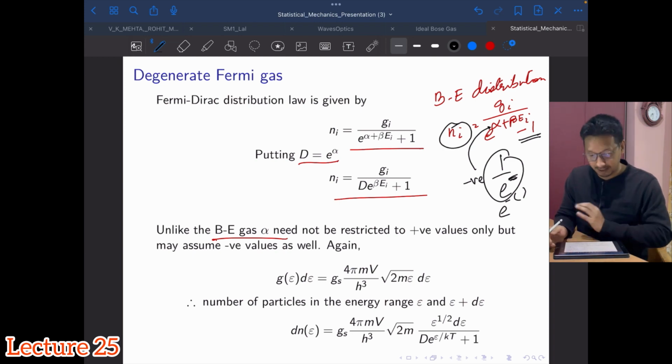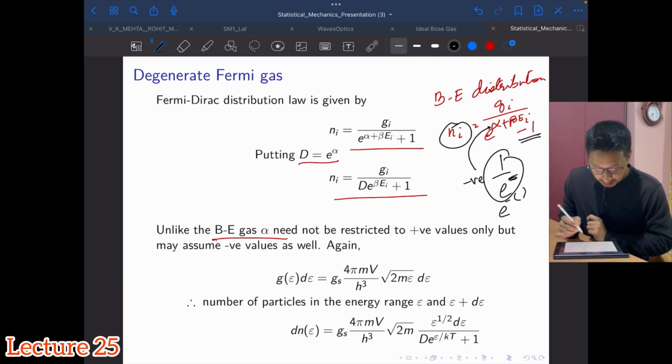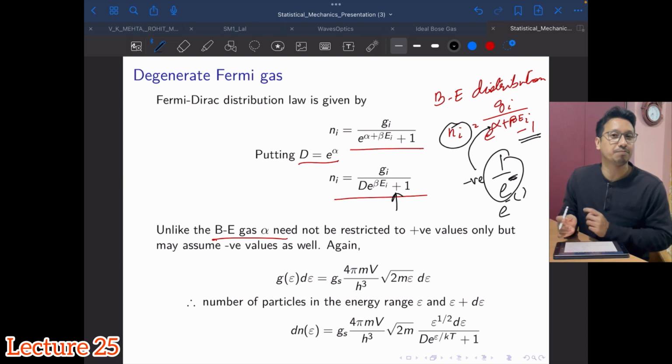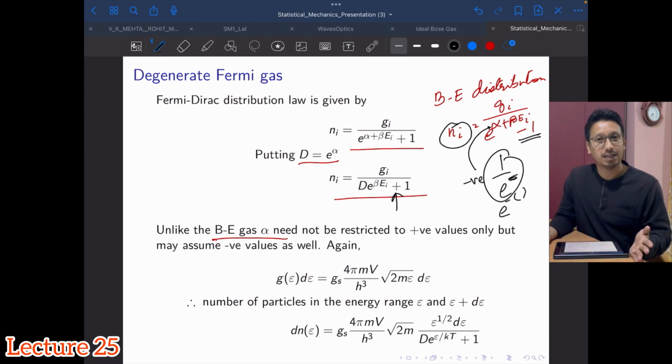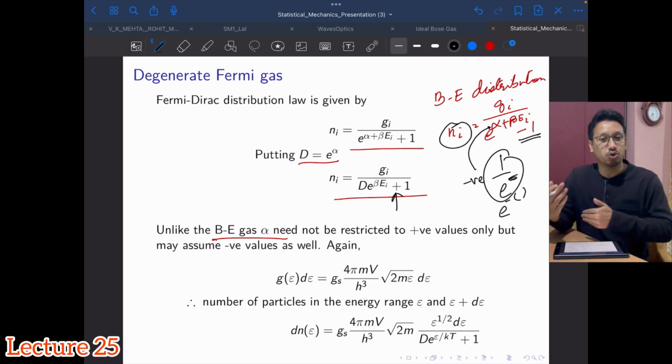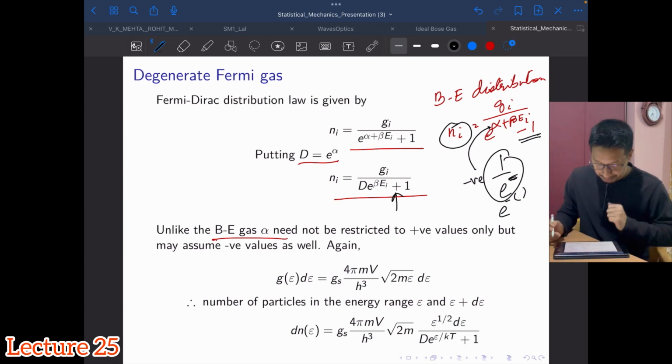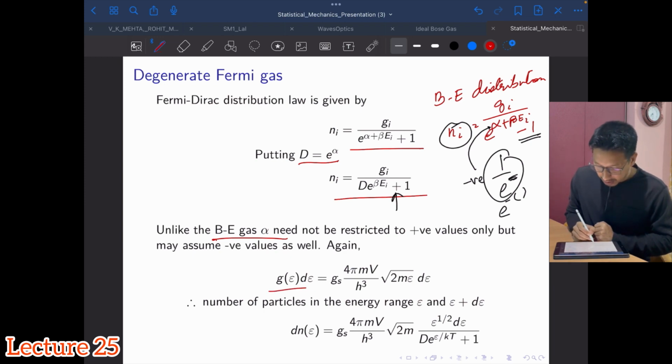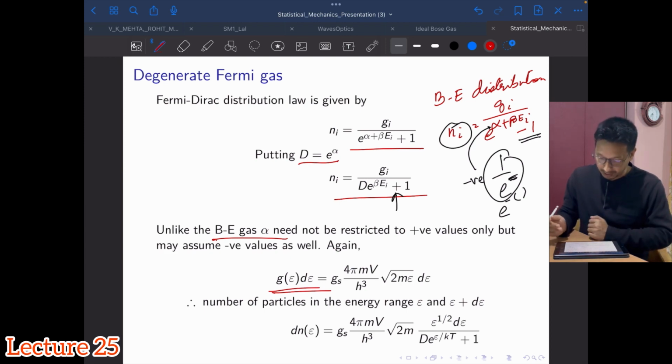But unlike this, in the Fermi-Dirac distribution law, because there is a plus 1, there is no restriction on alpha. In fact, you will see that depending on whether alpha is positive or negative, the cases of strong degeneracy or weak degeneracy will arise. Okay, so let's proceed. Now we know the density of states is given by this expression for the energy range E and E plus dE.